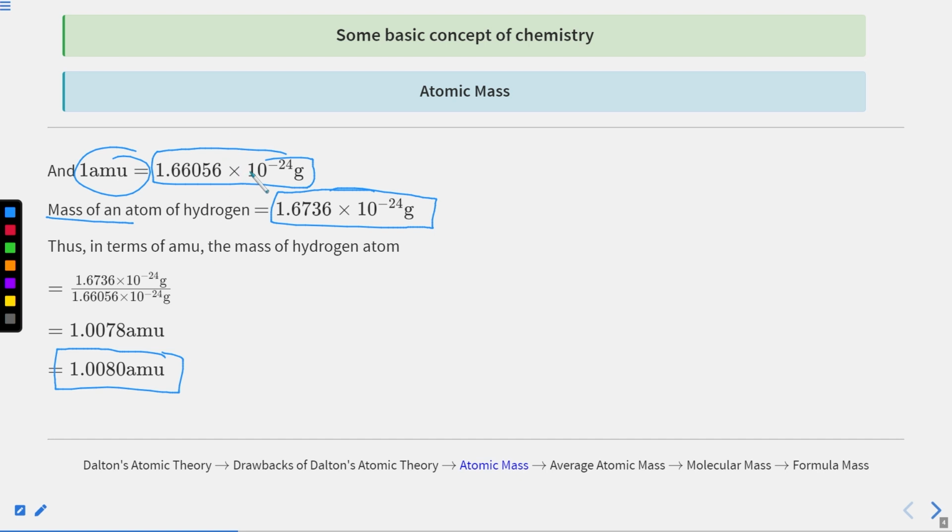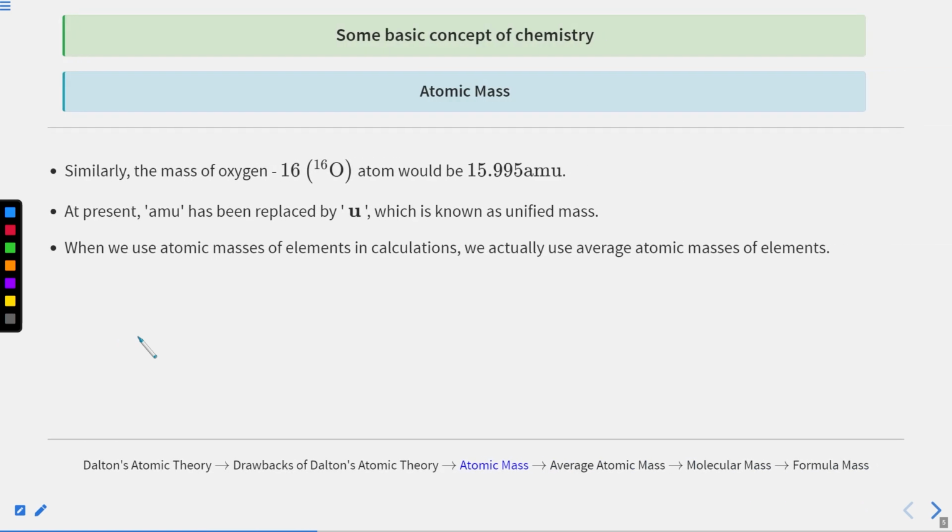This is nothing but 1/12 of the mass of a carbon-12 atom. We put 1/12 of the mass of a carbon-12 atom in the denominator, and in the numerator we take the mass of the hydrogen atom, and with relation to that we have calculated its mass as 1.0078, or 1.008. This is not 0 here.